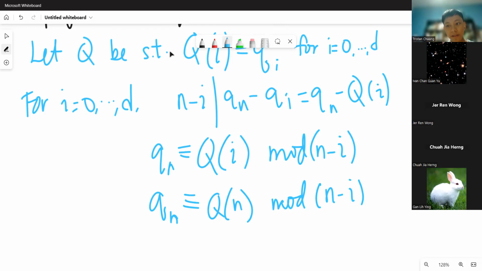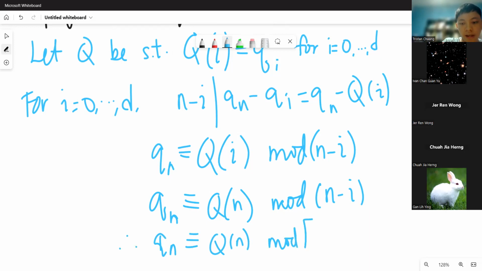And it works for i equals 0, 1, 2, 3 until D. So that means they must be the same. They are congruent mod the LCM of n minus 1 dot dot dot n minus D.